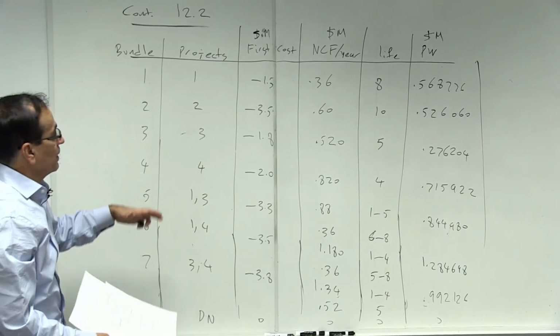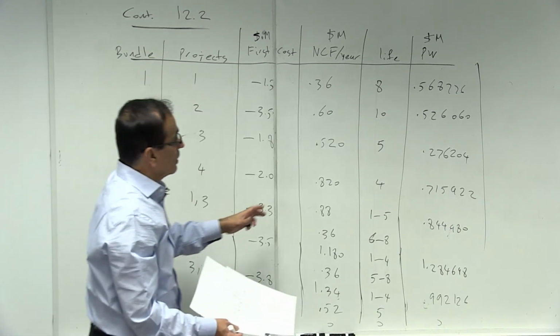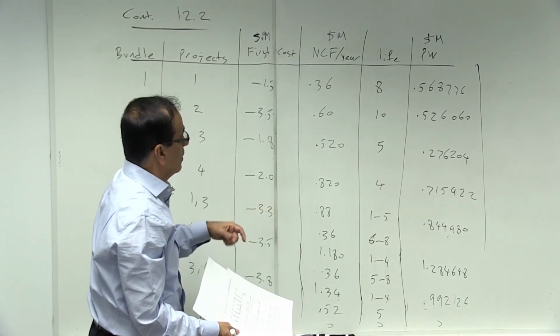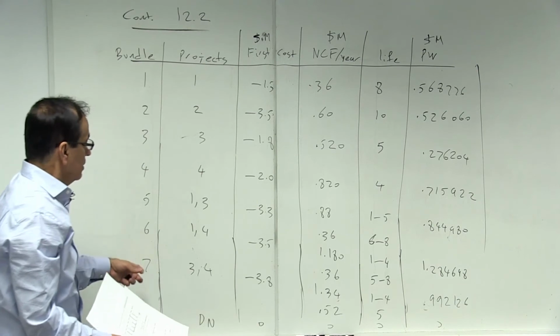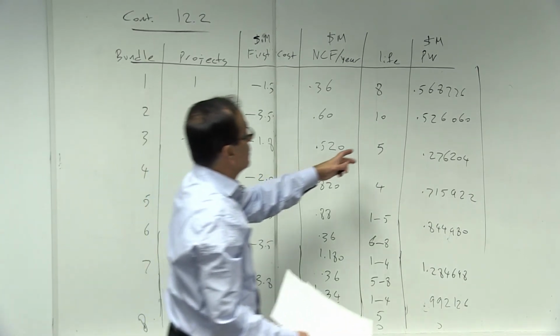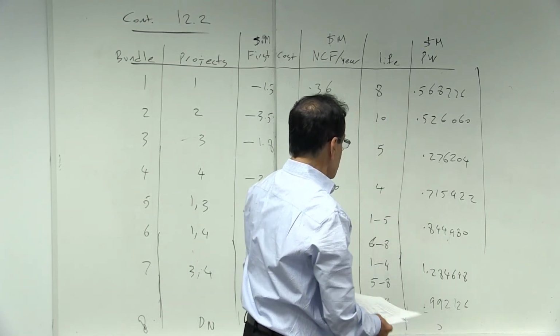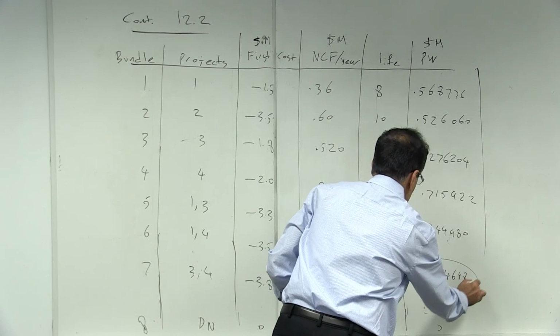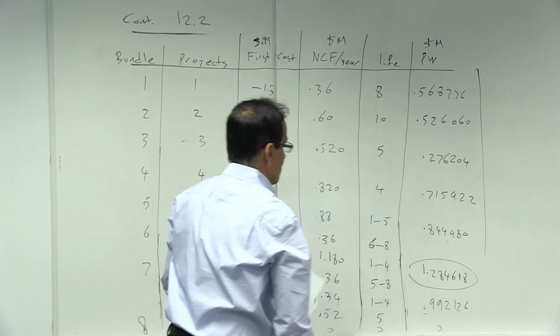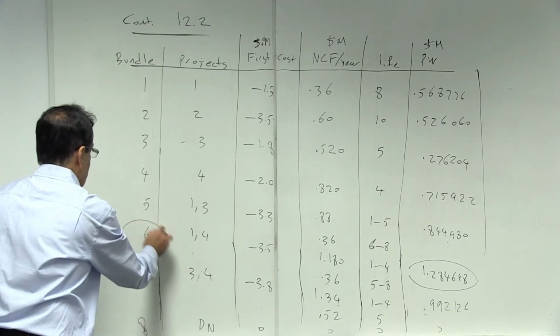Basically, you add the first costs of the alternatives, and then you extend to the largest life of the alternatives within the bundle. Once you do this, you find the present worth of each bundle. If you look at these numbers, the highest is about 1.28 million, which is bundle number 6.